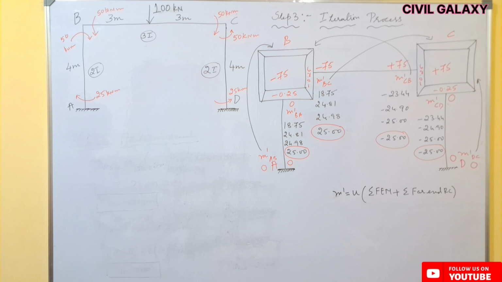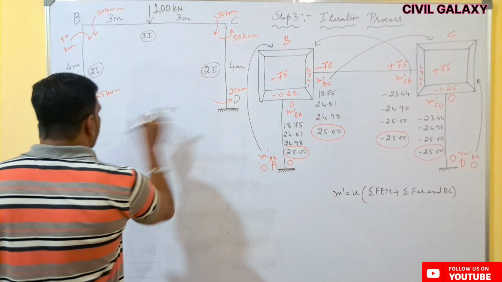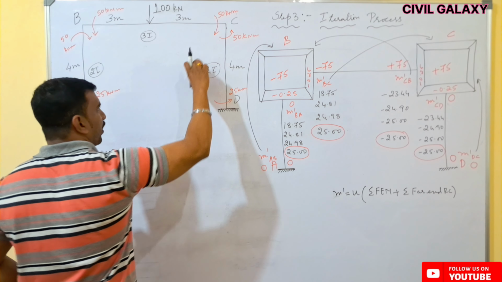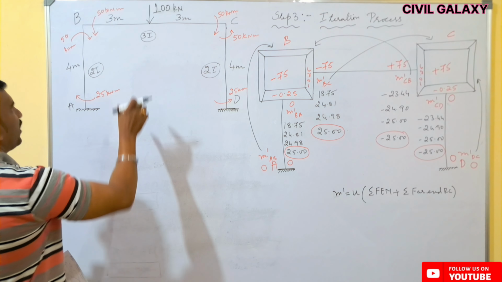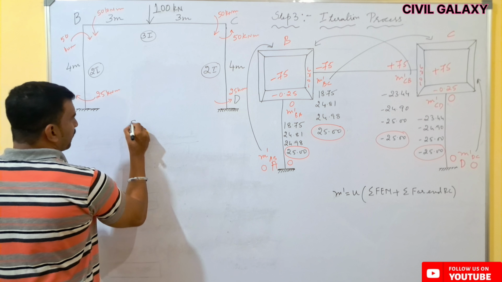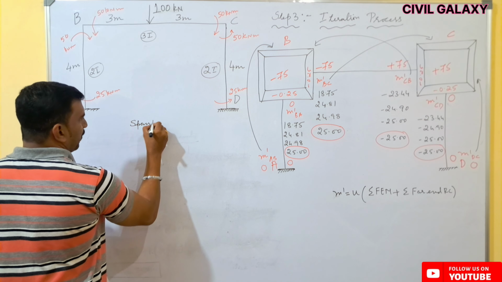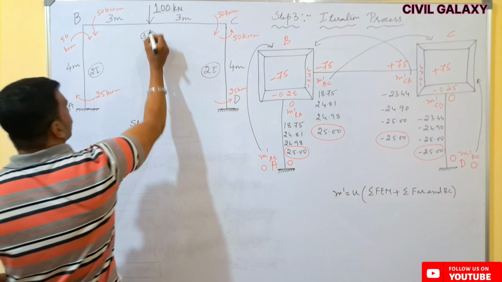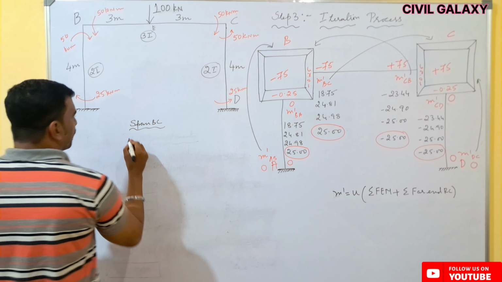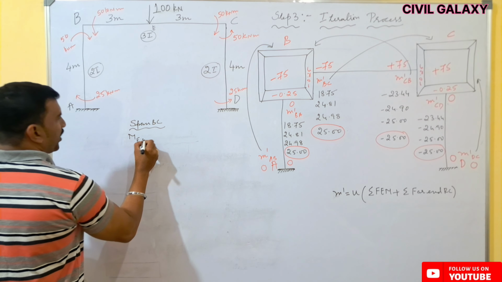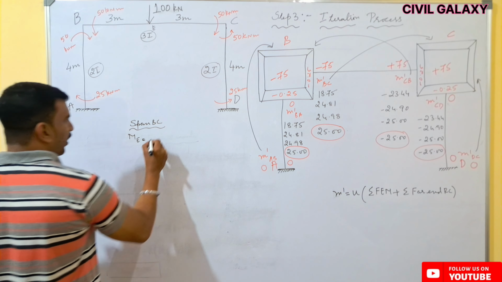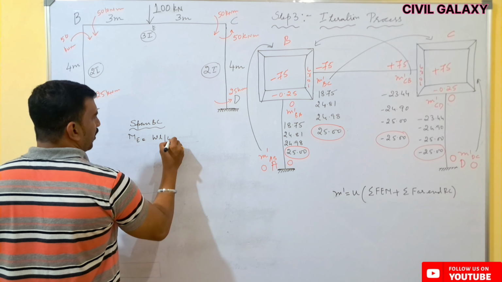Now if you want to write the shear force diagram and the maximum bending moment, see here, for span AB and span CD we do not have any loading, but for span BC, if you want to calculate the maximum bending moment, take this point as E. The moment about E, since it is a central concentrated load, the formula we know is WL by 4.